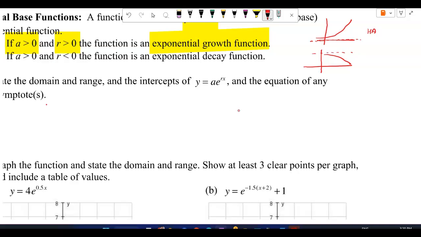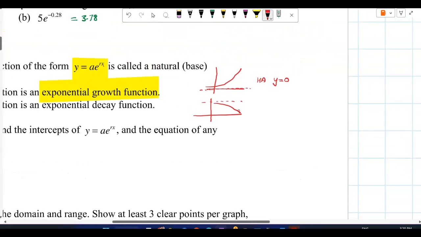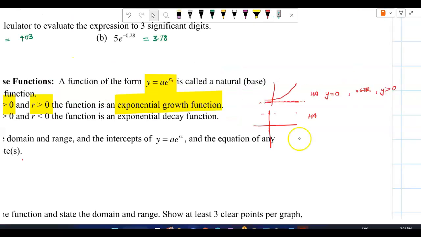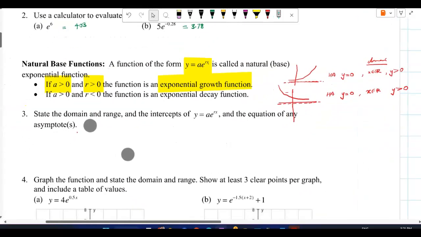The horizontal asymptote is y equals 0. Domain: all real numbers. Range: y has to be greater than 0. A is positive, so the graph can't go below zero; it goes like this. So horizontal asymptote y equals 0, domain all real numbers, range y greater than 0.